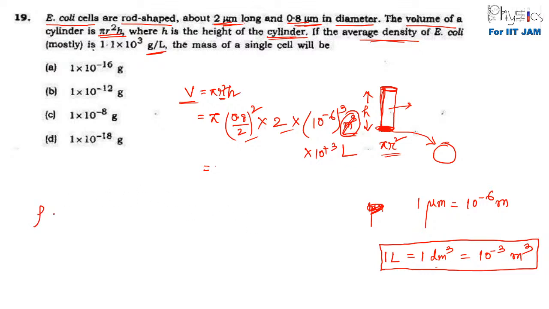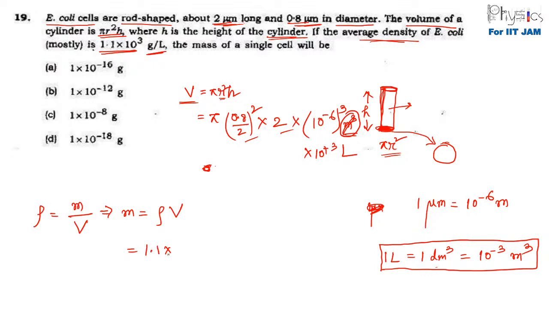So, now if we write the density in terms of mass per volume, then it would give us mass as density times volume, right? Now what is density? Density is 1.1 into 10 to the power 3 gram per liter.